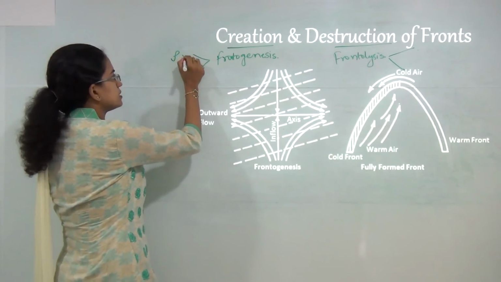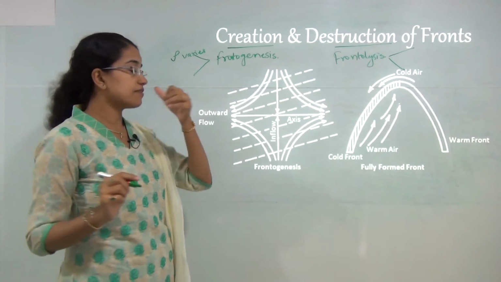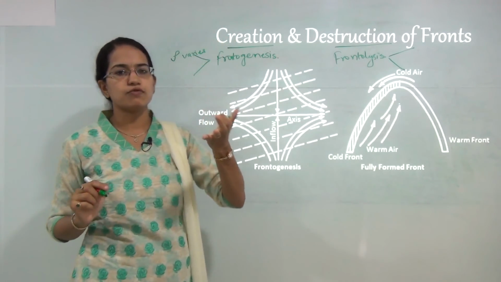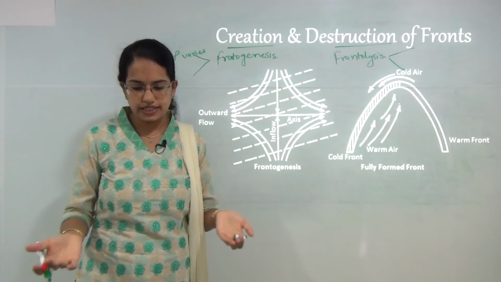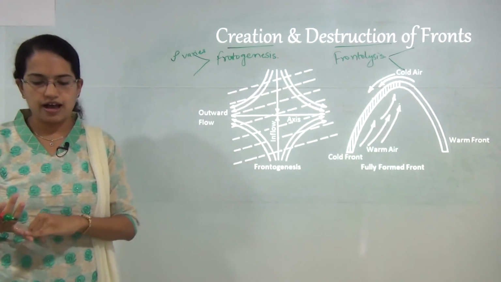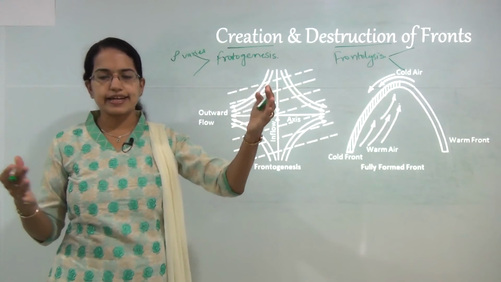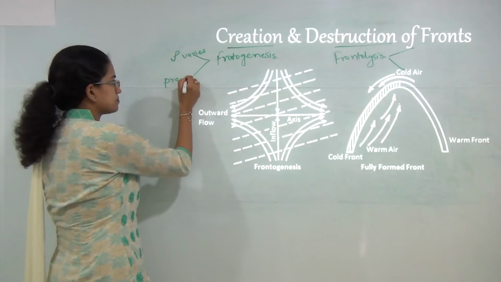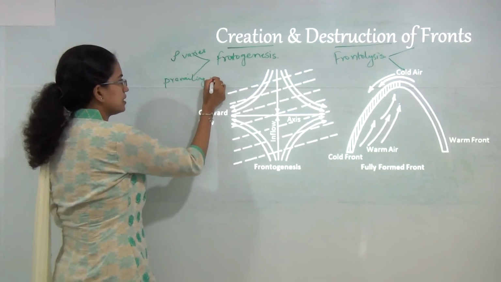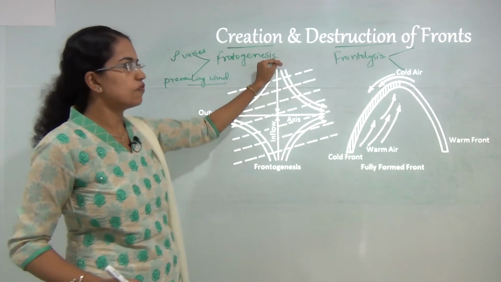So density must vary. That's the first primary condition. If density is varying, one would be cold and one would be hot, so there would be a difference in densities. And finally, the prevailing wind tends to bring them together. So the prevailing wind is again an important condition for formation of fronts.